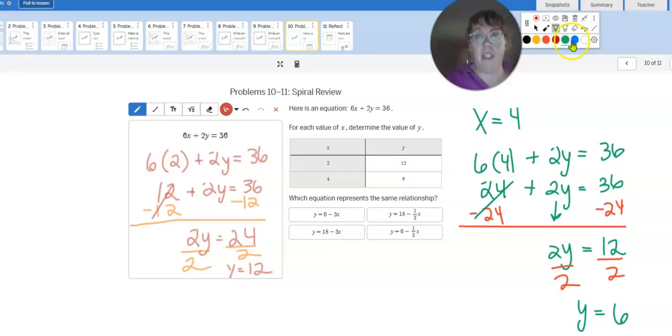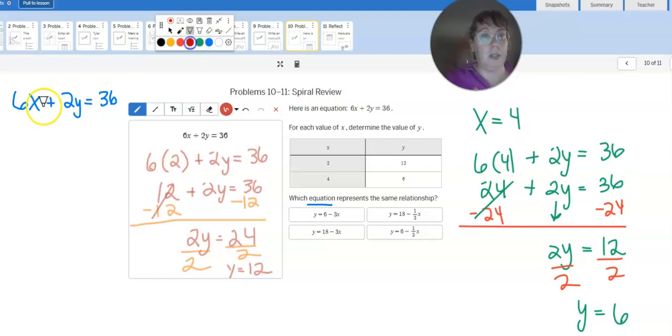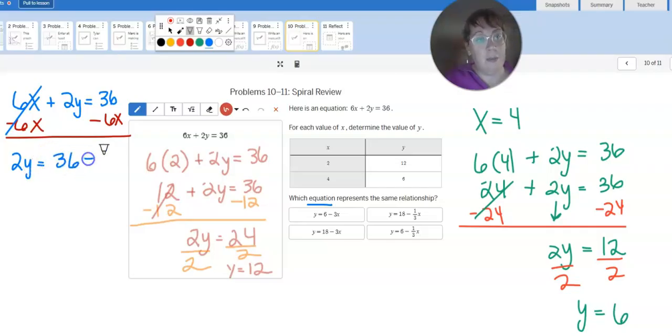Now if we wanted to find the equation that represents the same relationship, we're starting with 6x plus 2y equals 36. And all of these equations have solved for y, so we want to solve for y too. So we're going to subtract this whole 6x term on both sides. 6x minus 6x cancels, so we just have 2y equals 36 minus 6x.